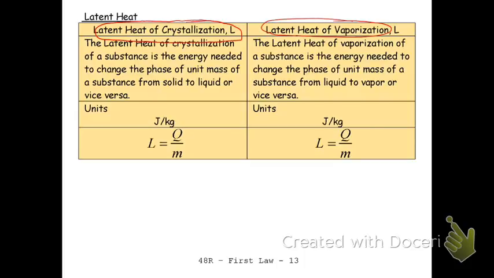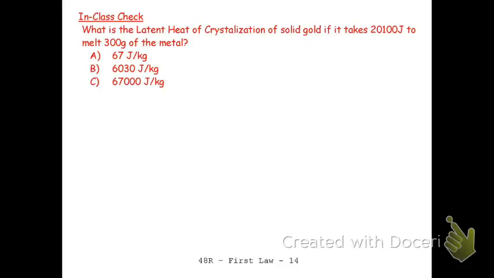And this is simply how much energy you need for how much mass you've got. It's joules per kilogram. That's the value. What's the latent heat of crystallization of gold if it takes Q equal to 20100 joules, and the M is equal to 0.3 kilograms? Well, let's have a look.